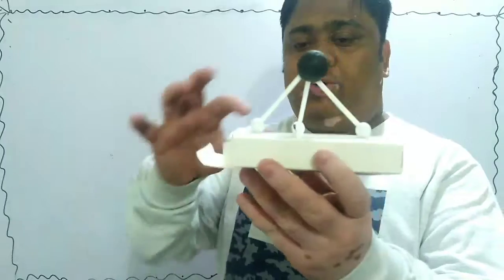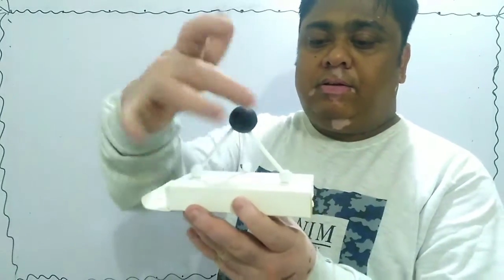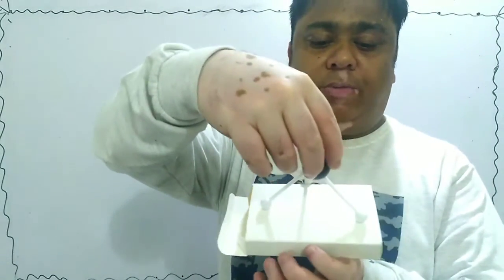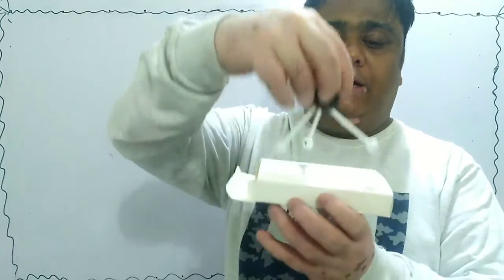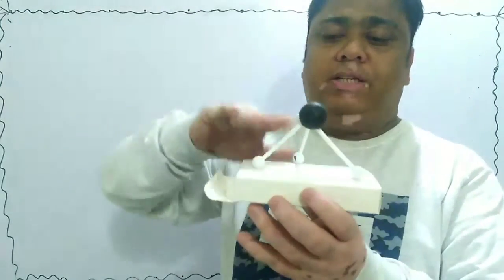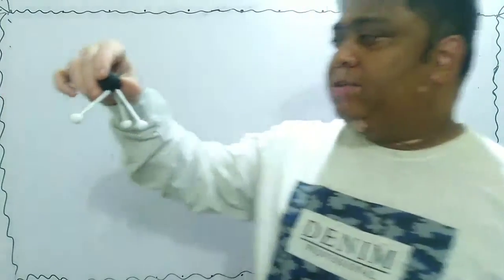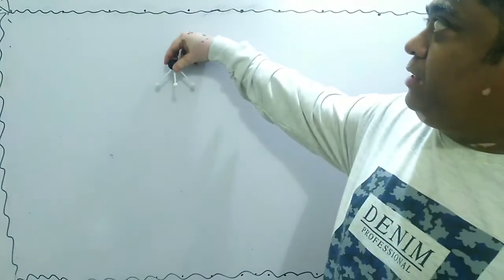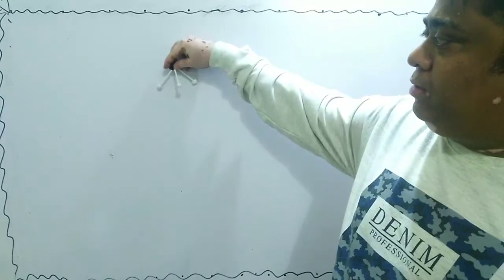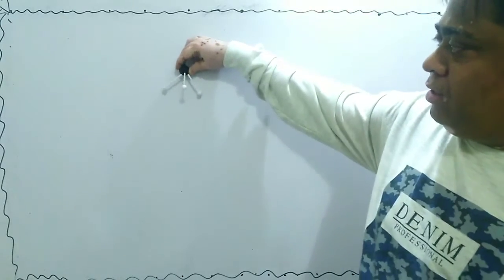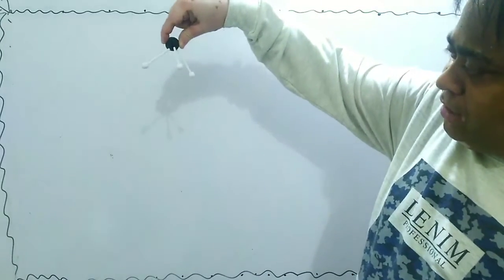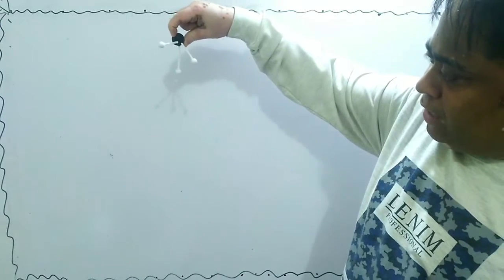Okay, if I join the three bases, it will form a triangle. So the base is trigonal and it is pyramidal. Each of this is a pyramidal shape. Okay, so I wish this could have been magnetic and I could have sticked it over here, but I cannot do that. But if you will see three-dimensional structure of it, it will look like this.